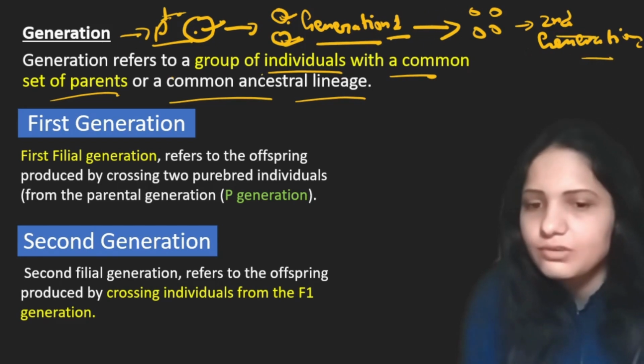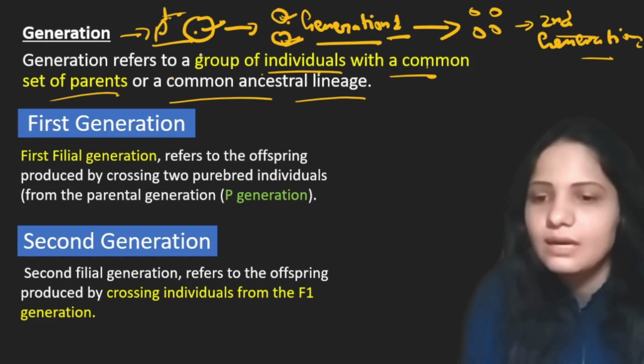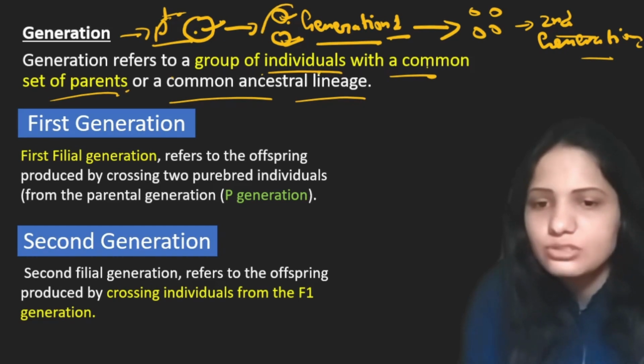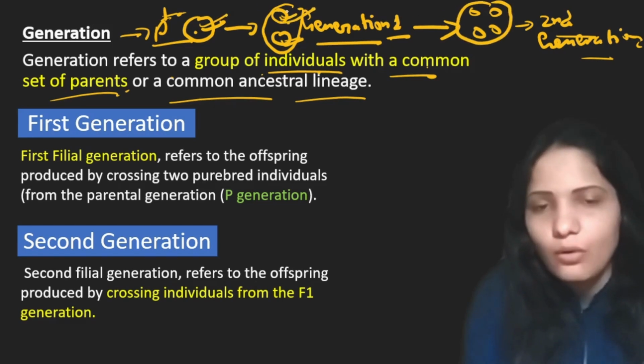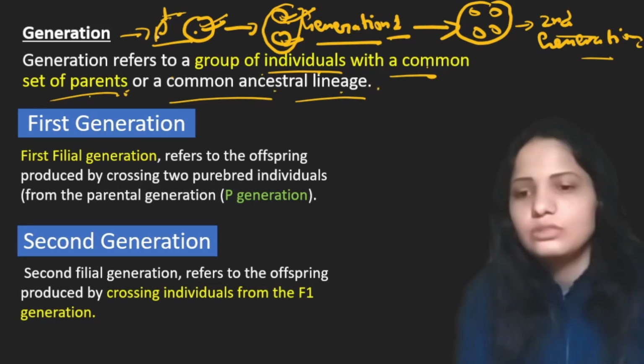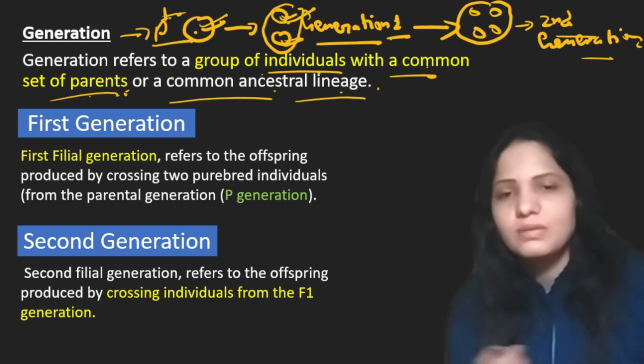So generation refers to a group of individuals with a common set of parents. These two individuals have this common parent, these four individuals have these common parents. You just have to remember this thing, common set of parents.